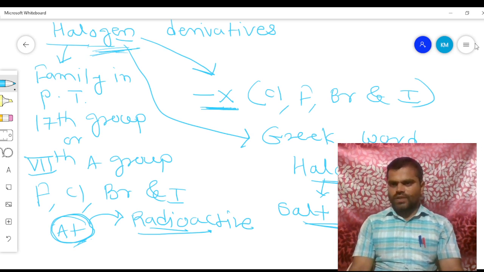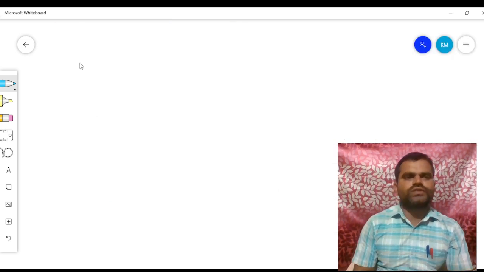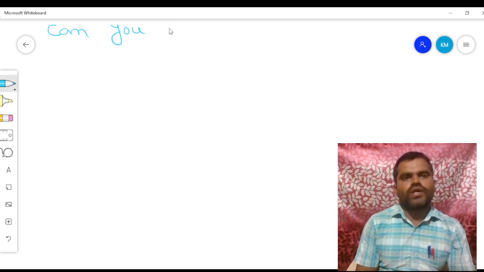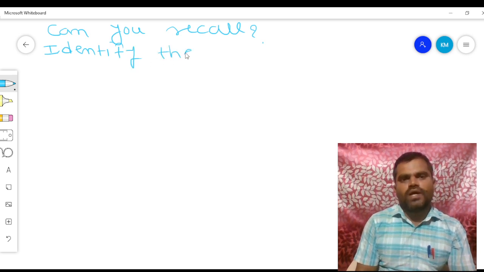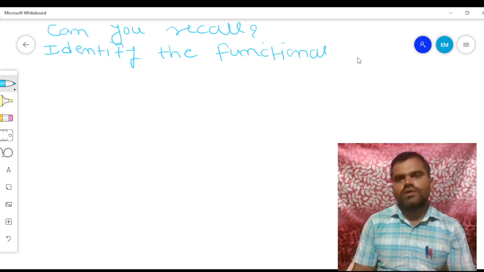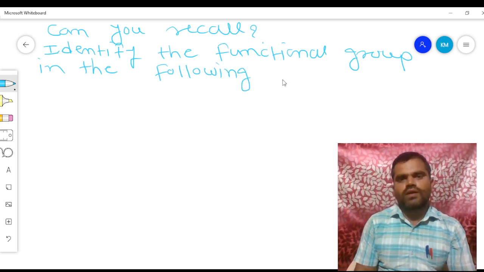The next one is that a question is given here. You see here, can you recall and identify the functional group in the following compounds?